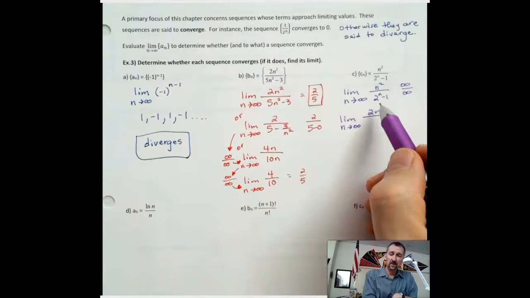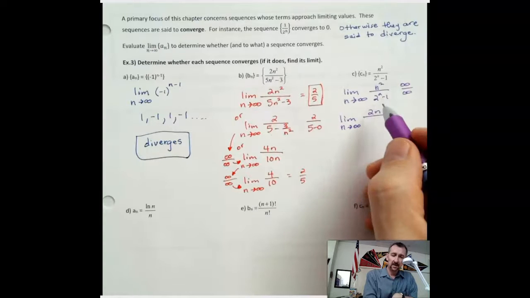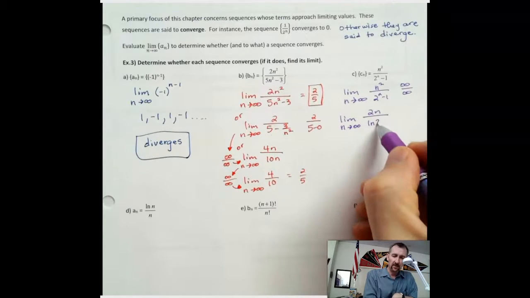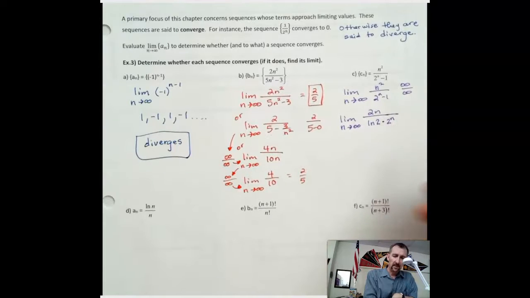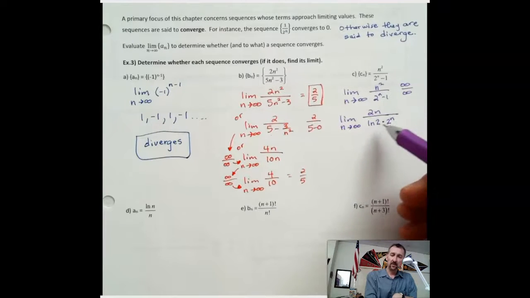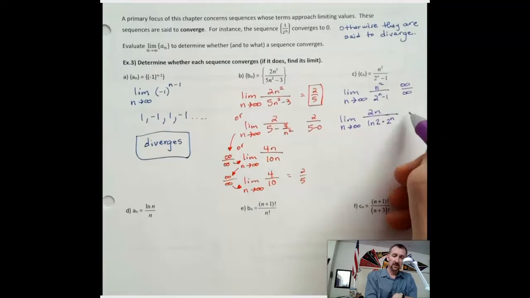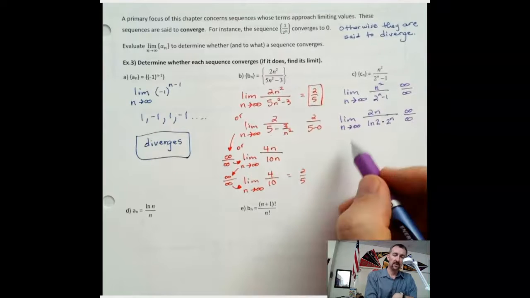Now you might not remember the derivative of a different base, but it's just the natural log of that base times the function, and that works for e as well, because for e to the x, we would be multiplying by the natural log of e, which is 1. But if you plug in infinity here, you still get infinity over infinity.